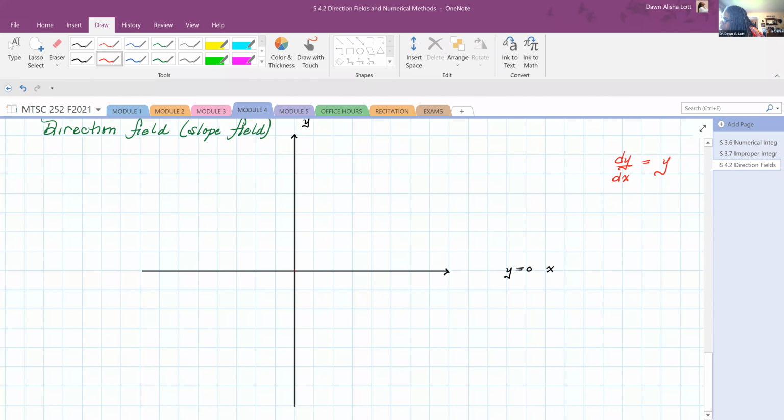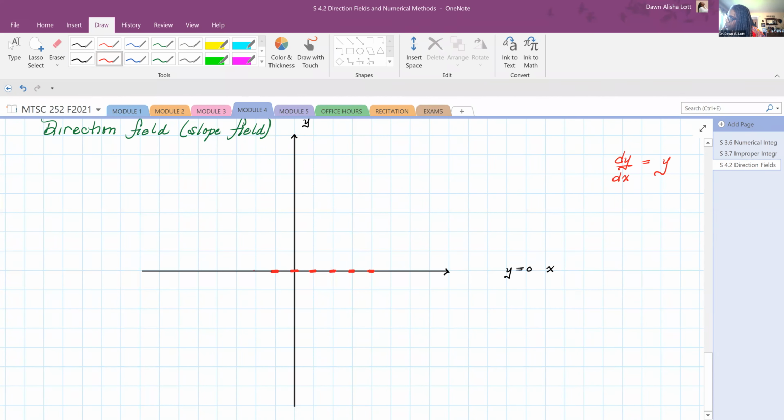So at the point 0, 0, I'm going to draw a little line of slope 0. At the point 1, 0, y is still 0, so I'm going to draw a little line of slope 0. At the points 2, 0, 3, 0, and 4, 0, little lines of slope 0. Same thing at -1, 0.